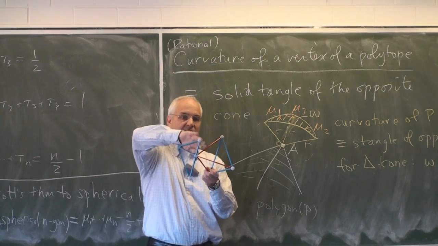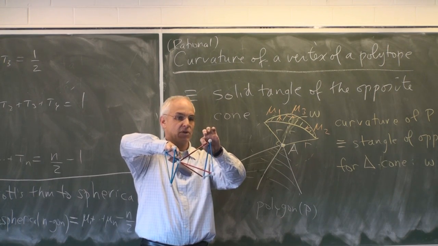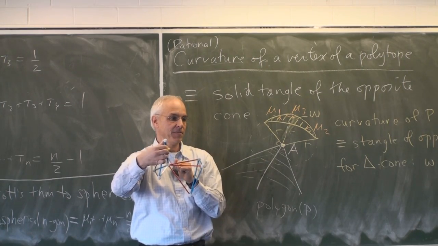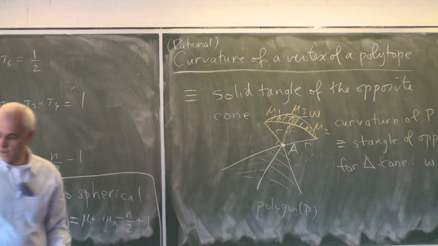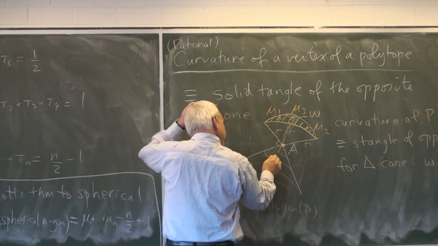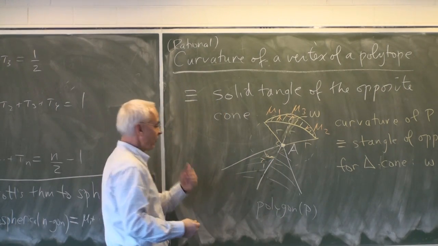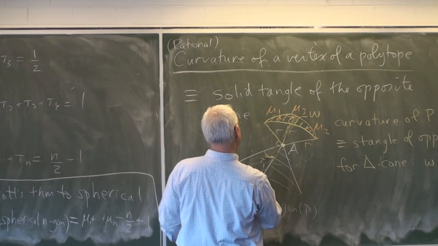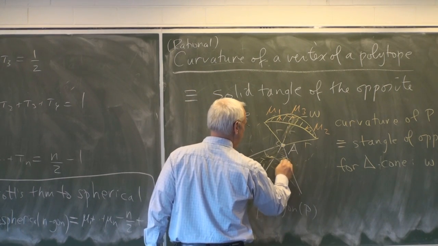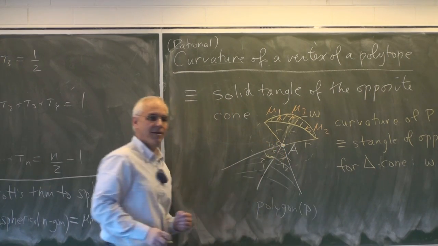So this face of the opposite cone was perpendicular to this edge of the original polytope, while this face here was perpendicular to this one. So I claim that if the original polygon had face tangles tau1, tau 2, and sort of behind here, tau 3.